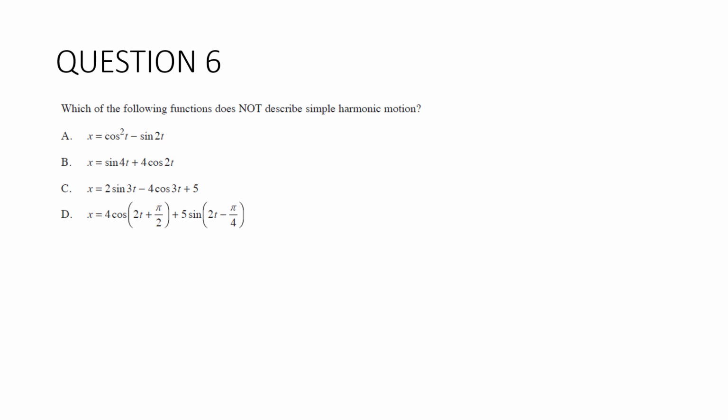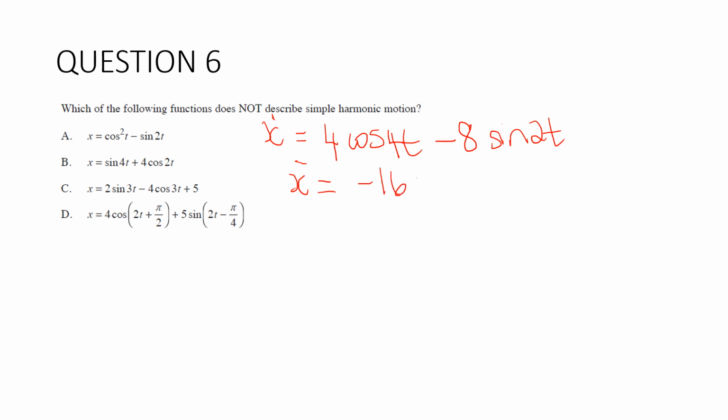Let's try B. So in this case we've got first derivative is equal to 4 cos 4t minus 8 sine 2t. And our second derivative is equal to -16 sine 4t minus 16 cos 2t.